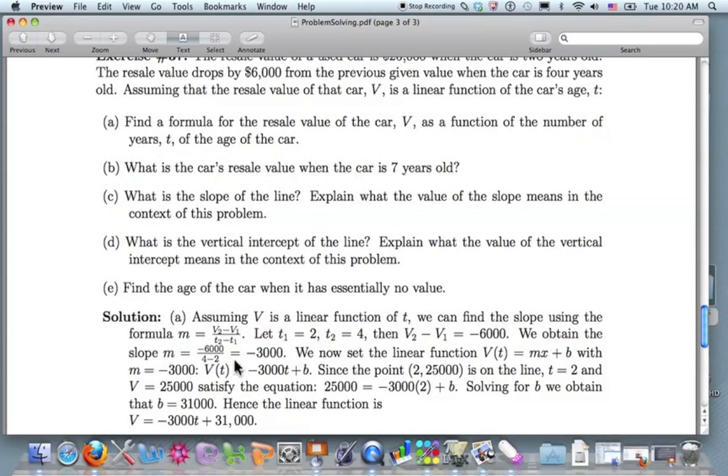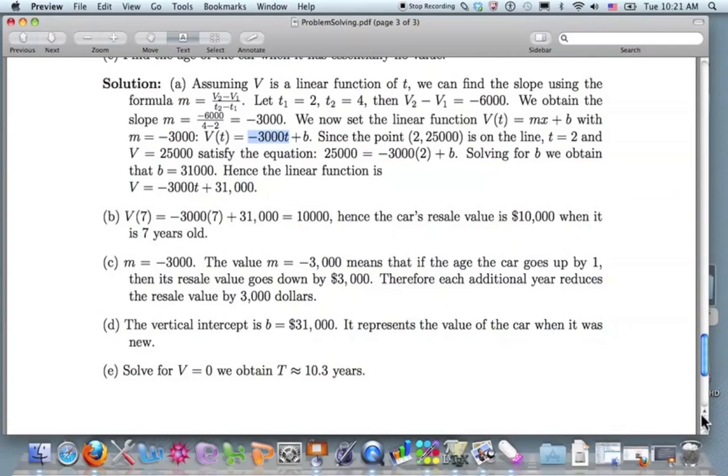So then we get the slope is negative 3,000, and we plug in negative 3,000. Next, plug in a point with a t value and a v value, and then we can solve for b, and we get b equals 31,000.